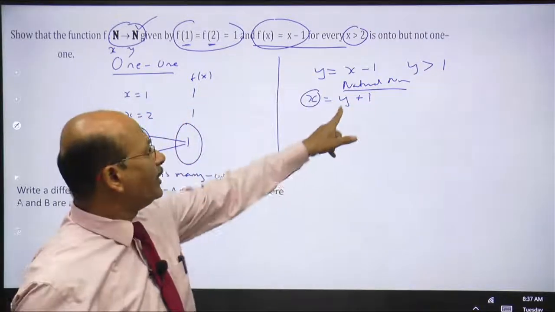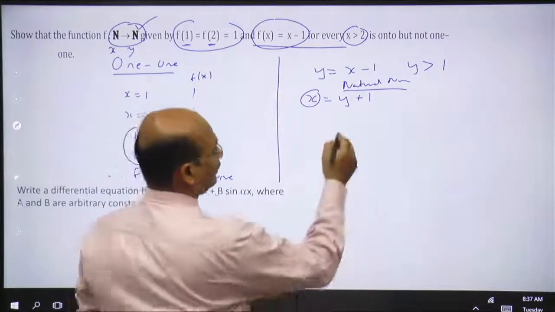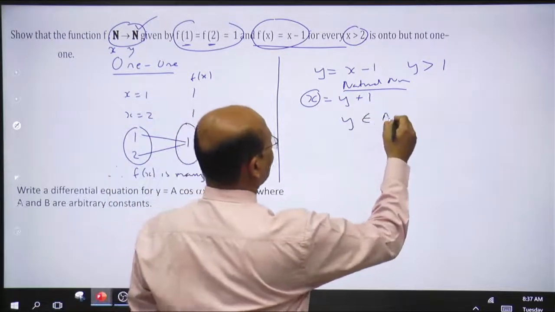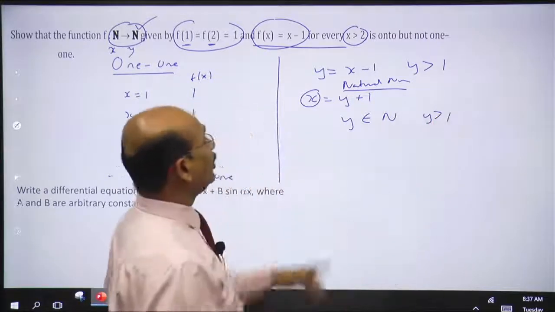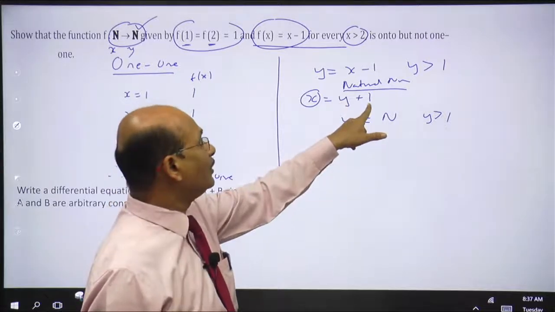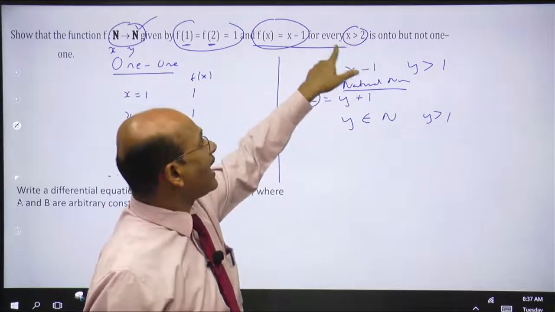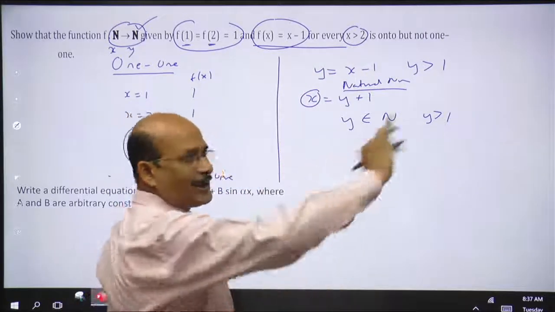If I substitute any natural number greater than 1, what x is going to come? A natural number. So when y belongs to natural numbers, of course it is greater than 1. Why? Because if I put 1 in this, it will be 1 plus 1, 2. But here the x value has to be greater than 2. So that's why I cannot take 1. All the other natural numbers you can take.